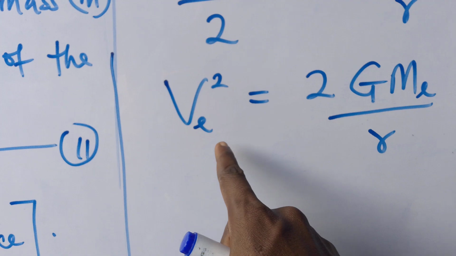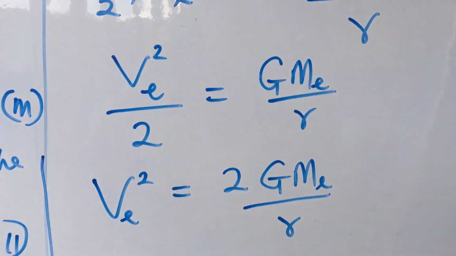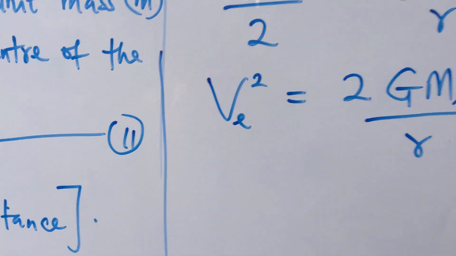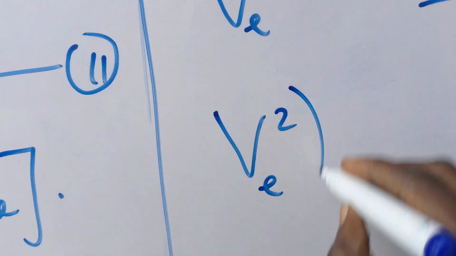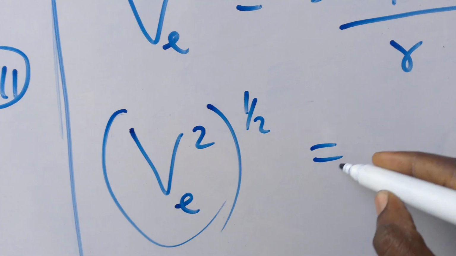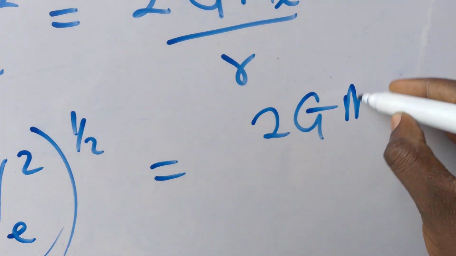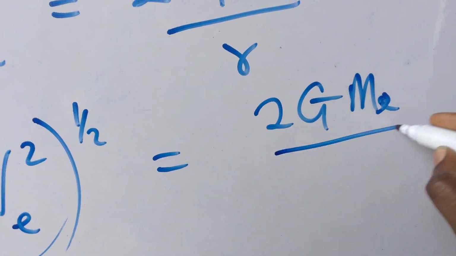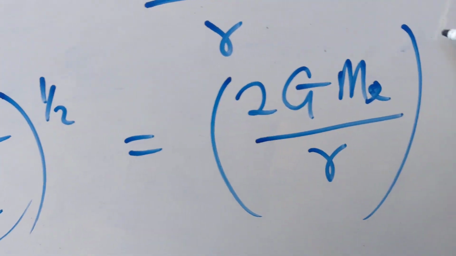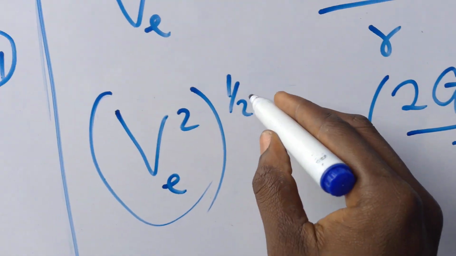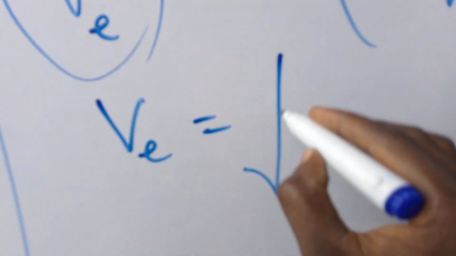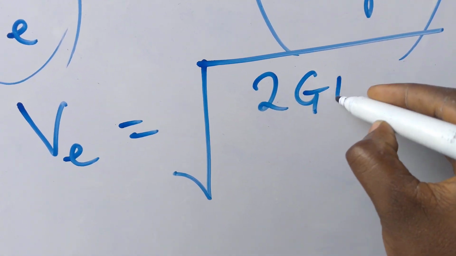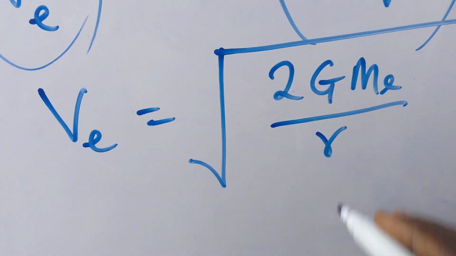That's when I cross multiply this, 2 will multiply this. Then take the square root of both sides. This is ve square all raised to power half equals 2 G me over r raised to the power of half. So the square root eliminates the square, and ve will be equal to the square root of 2 G me over r.